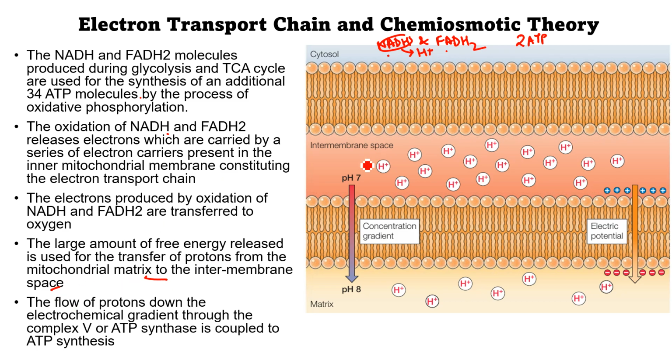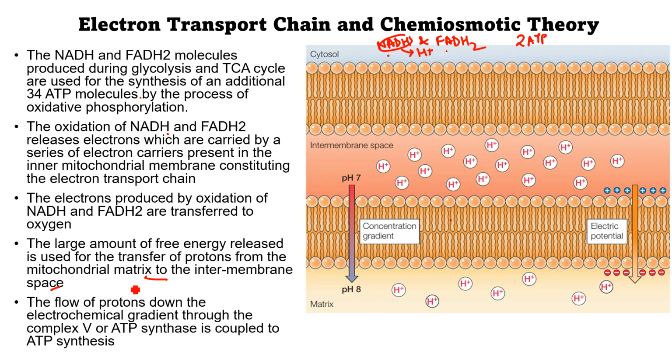As I was mentioning, complex 3 has a greater redox potential, more tendency to accept electrons than complex 1. So when complex 3 accepts electrons, it releases a large amount of free energy, and this free energy is used for transporting protons from the matrix into the intermembrane space.